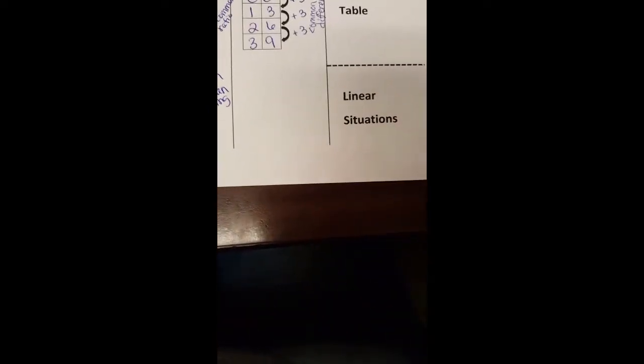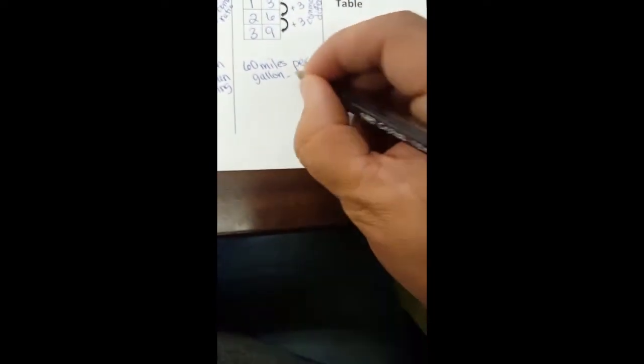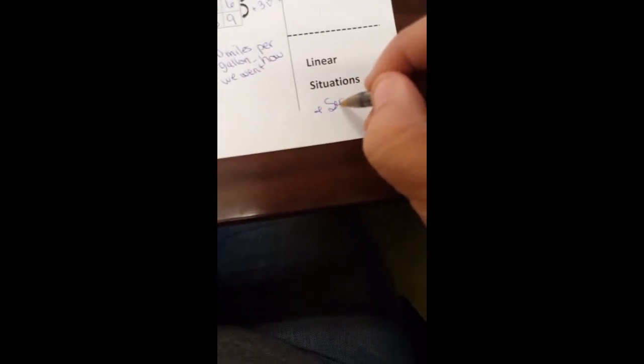And then let's talk about linear situations. We talked about some of these, like that was the 60 miles per gallon. And it was how far we went on a gallon, or I think we were talking about time maybe. And again, I want you to put in sequences here.